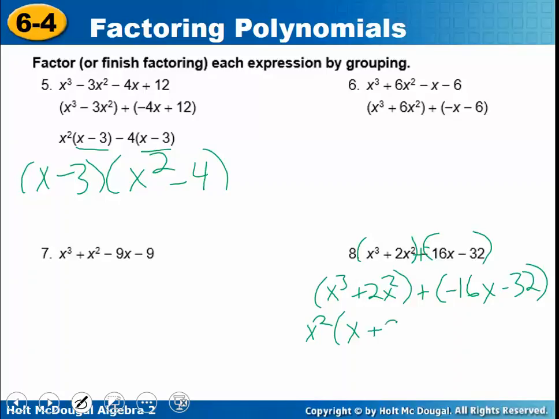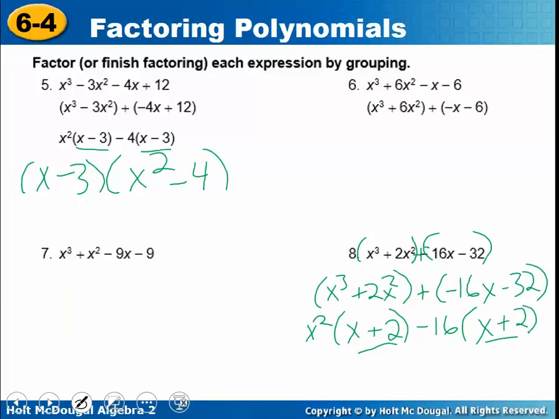2x squared divided by x squared is 2. Remember, even if you had x squared over x squared, when you factor, you'd have a 1 there, not a 0. And then I've learned from doing these last few that I should probably factor out a negative 16, not a positive, because I want this parentheses to be the same as this one. So negative 16x divided by negative 16 is 1x, and negative 32 divided by negative 16 is plus 2.